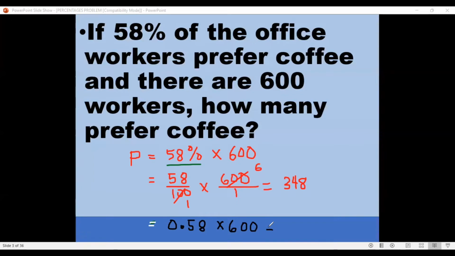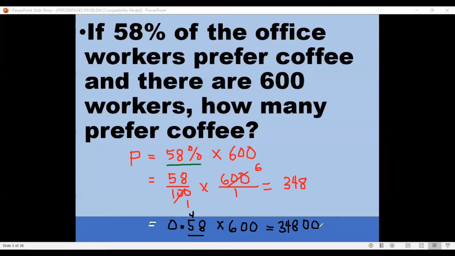And then if you are going to multiply this, of course, there will be two zeros that you have to append, two zeros, and then multiply 6 times 8. Again, you have 48. And then you regroup 4. 5 times 6 is 30, plus the 4 is 34. But there are two decimal places which are involved.